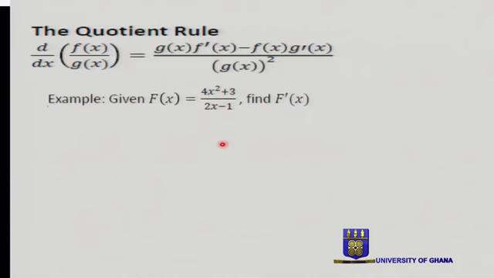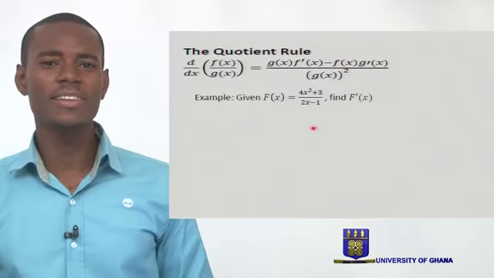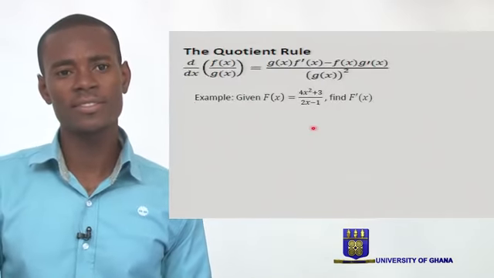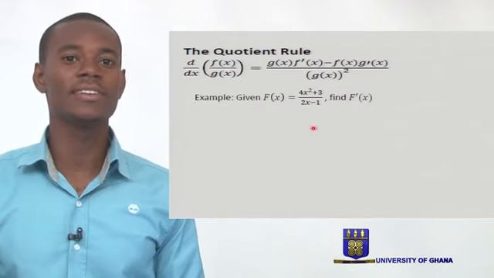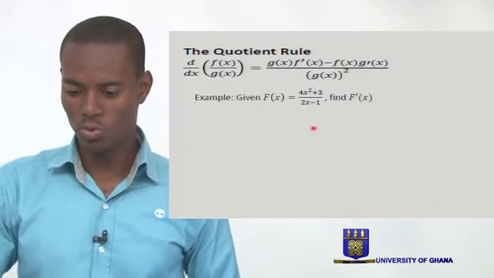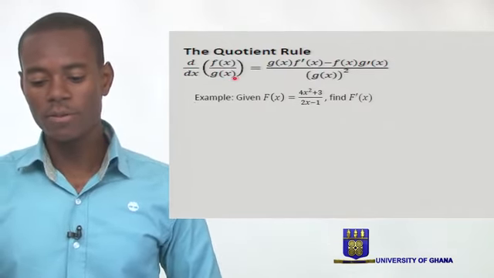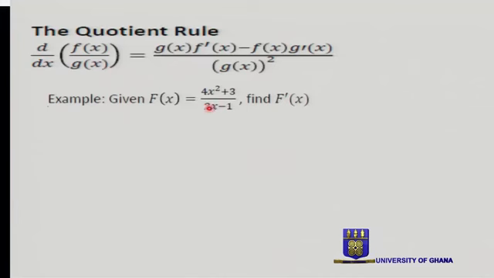It is a very simple rule. Just like we were doing before, it takes a little bit of the product rule and adds a little tweak to it, and it gives you a very awesome rule. It says take the lower function, the function beneath, the denominator, I'll label that as my g of x, and then the numerator will be our f of x.